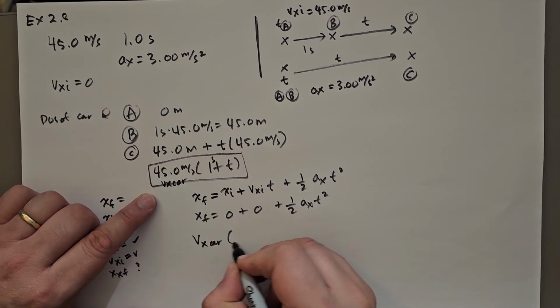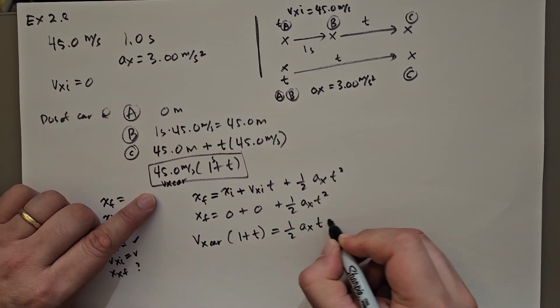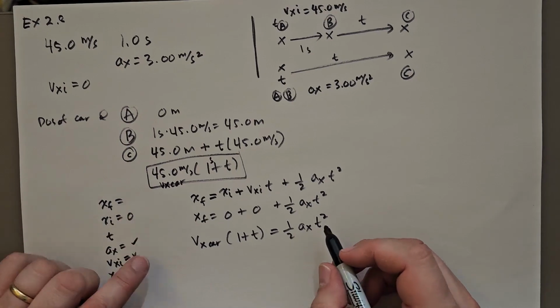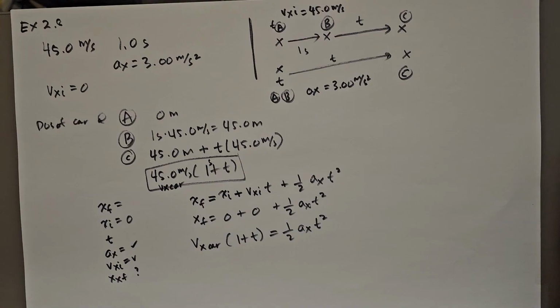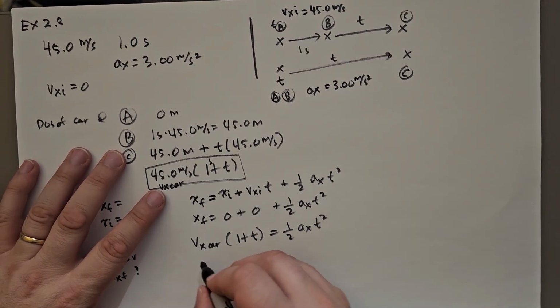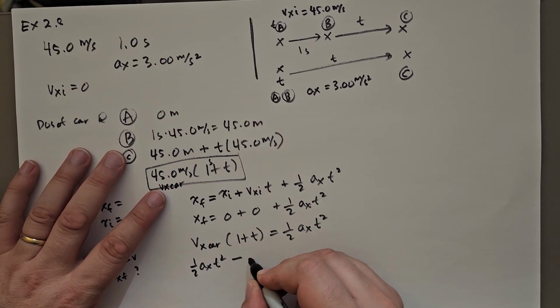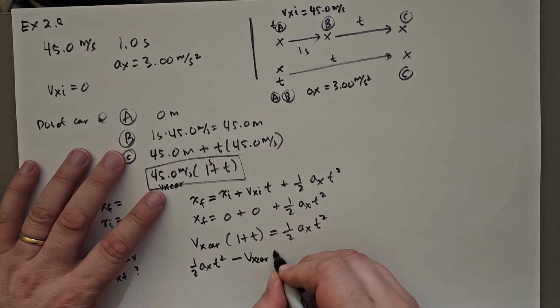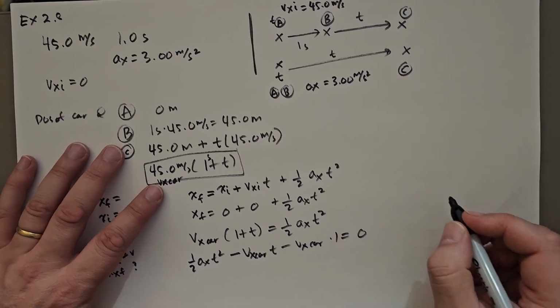Vx car times 1 plus t is equal to 1/2 a_x t squared. We want to solve for t. So let's arrange all these things and move them around. So we get, let's put all the stuff on one side. So we get 1/2 a_x t squared minus Vx car t minus Vx car times 1 equals 0.